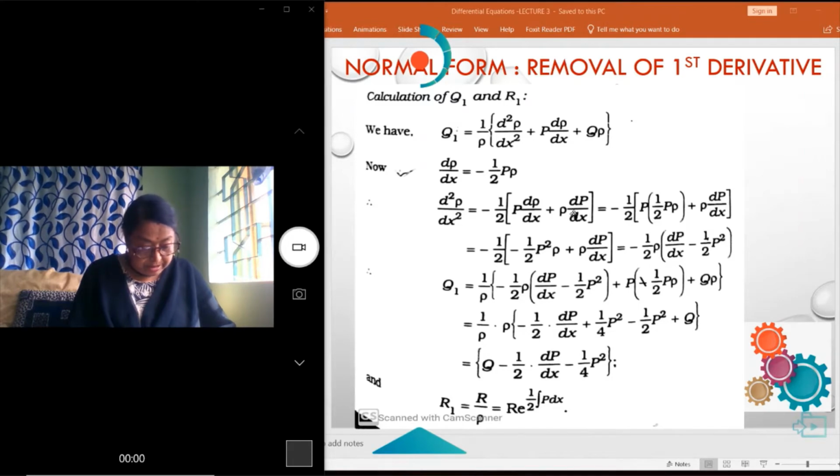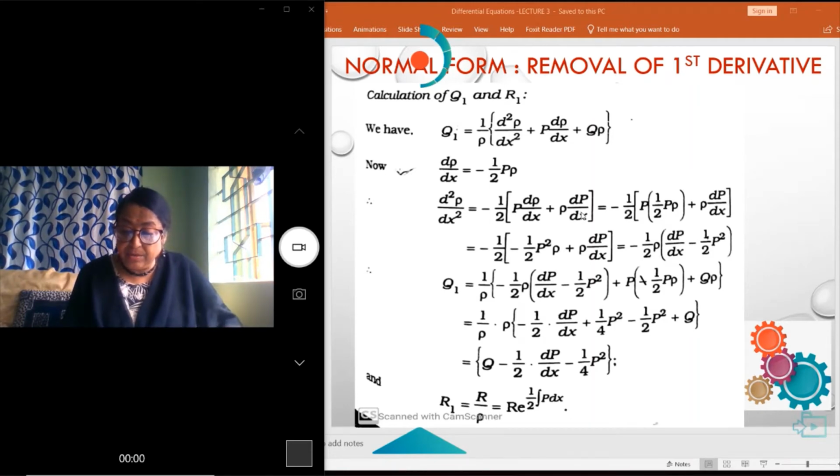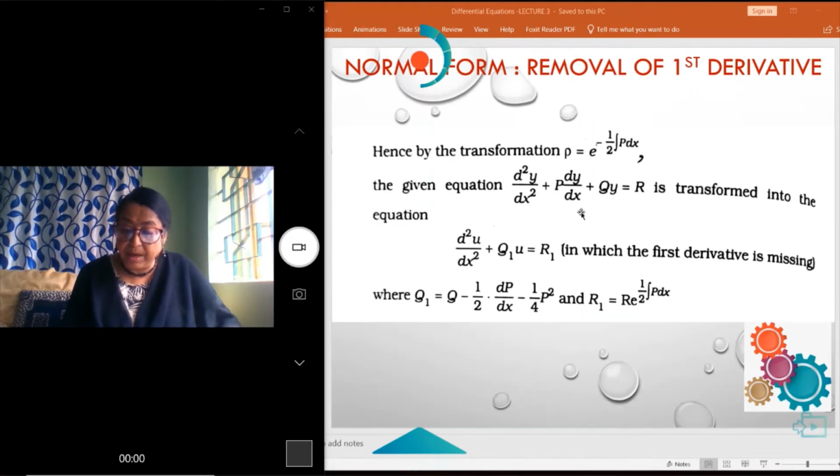Putting these values, we get d2u/dx² + q1 u = r1, where q1 = q - ½ dp/dx - ¼ p², and r1 = r e to the power of half ∫p dx.